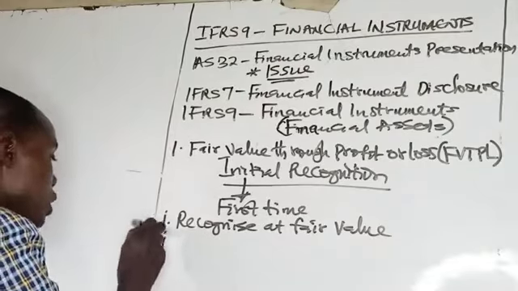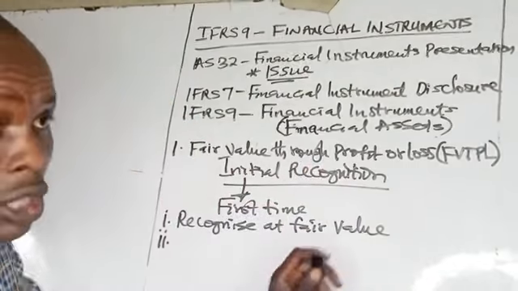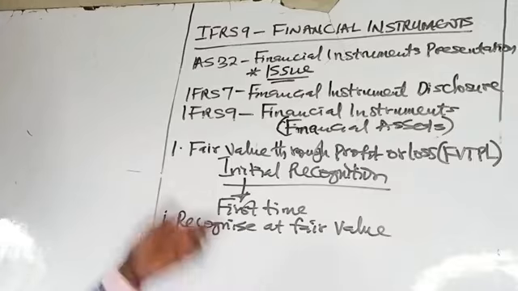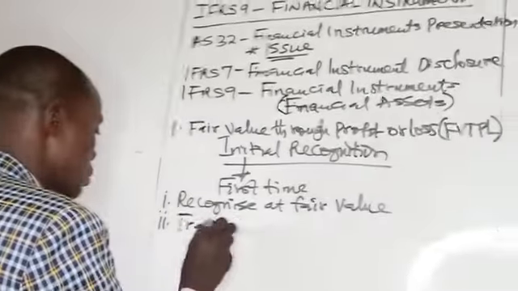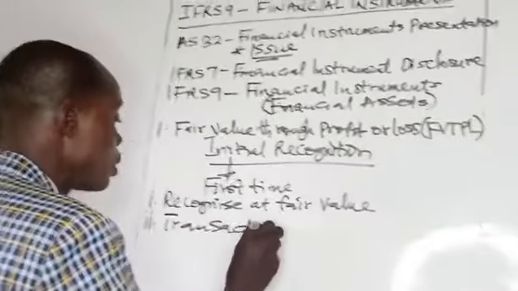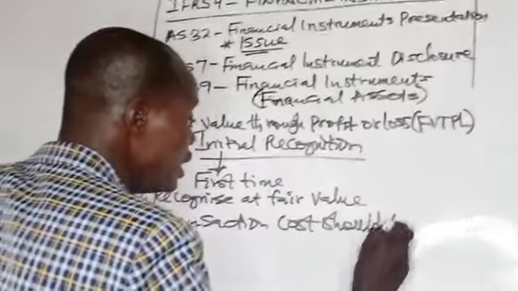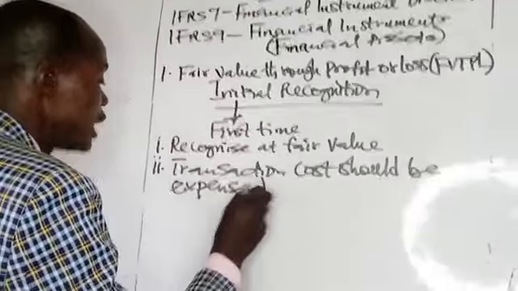Number two, you should take note of this. If it is recognized as fair value through profit or loss, transaction costs associated with the purchase of the instrument should be expensed. Transaction cost should be expensed.